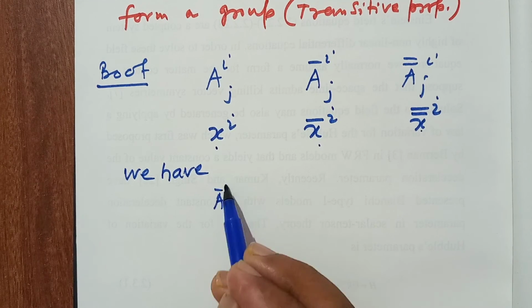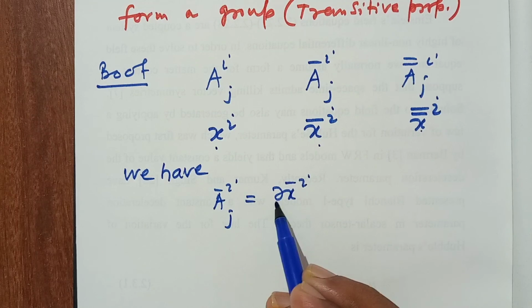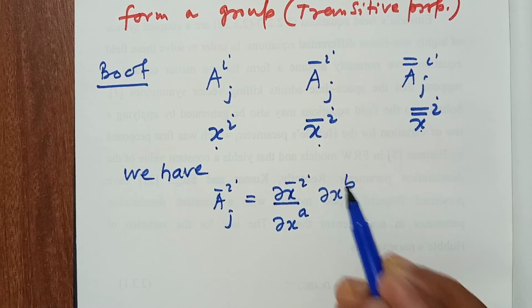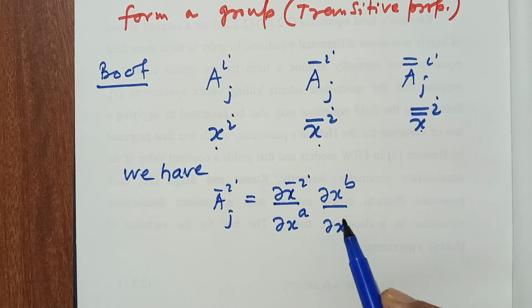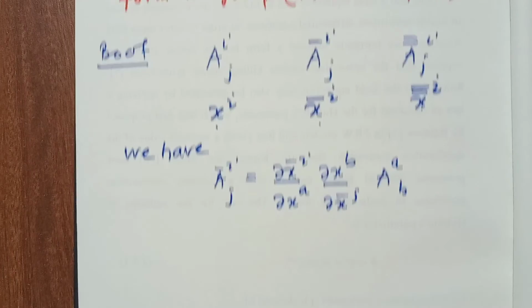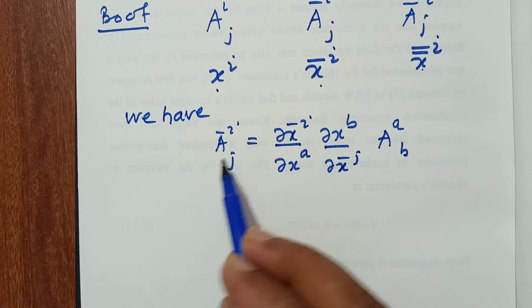Now we have A bar i j equal to del x bar i upon del x a, del x b upon del x bar j, A a b. This is the relation from bar to non-bar.